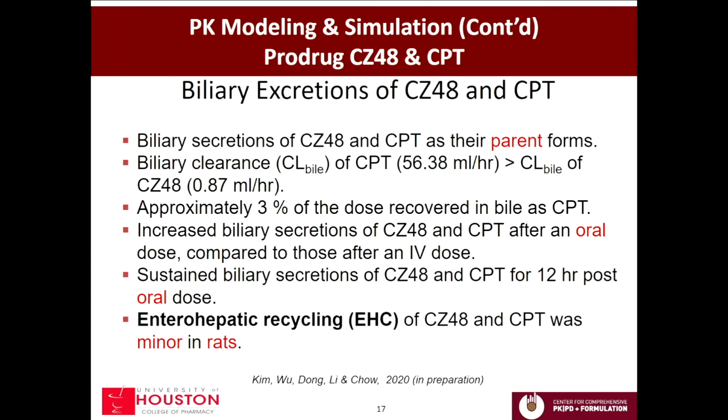This is how we learned from that preclinical study. They are secreted as parent form, and CPT is the major species to be secreted, and only about 3% of the dose goes through that enterohepatic recycling.